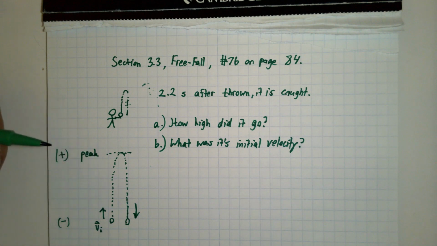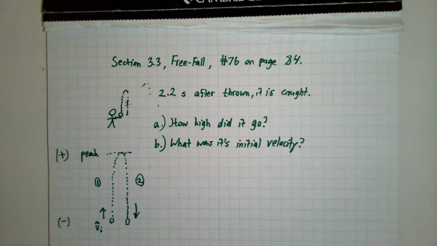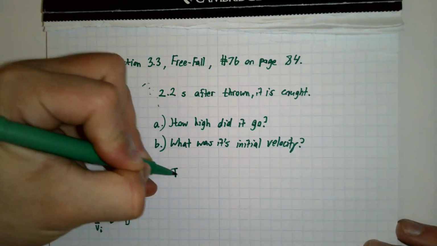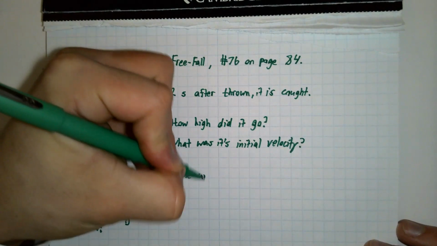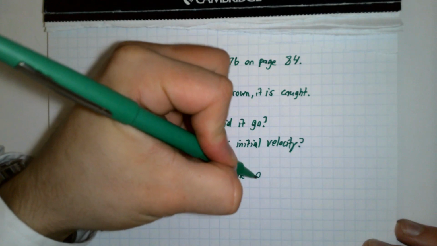We know we can split this into two stages of motion. We have the first stage on the left and the second stage on the right. We know as well that these two stages mirror each other, that the time it takes to go up is equal to the time it takes to go down.